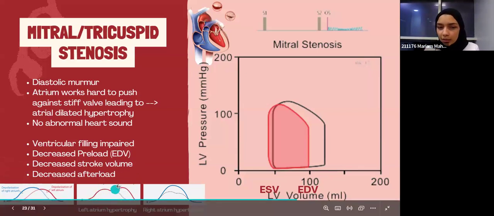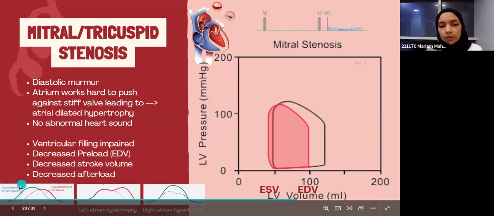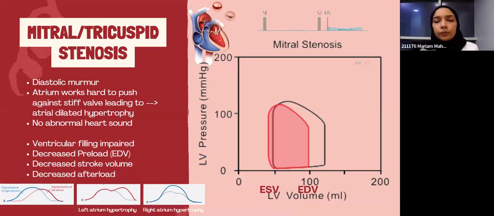So you will see that there is kind of a hump in the P wave. But if there is a hypertrophy in the right atrium, that means that this wave will be larger, so it will pass over this left atrium bump, okay? So it will just create a very large P wave.